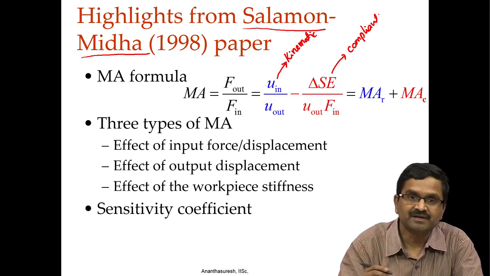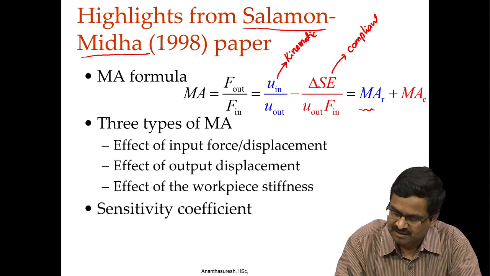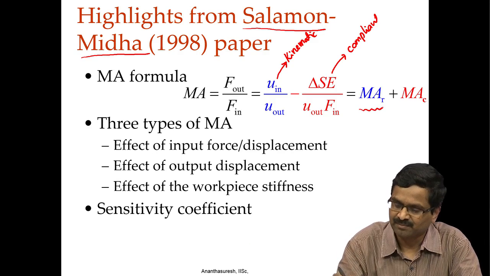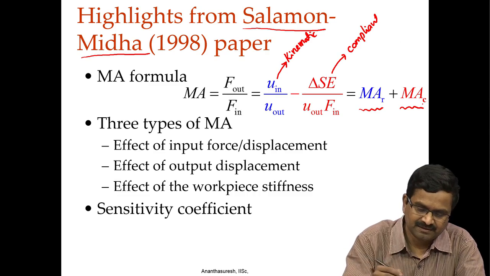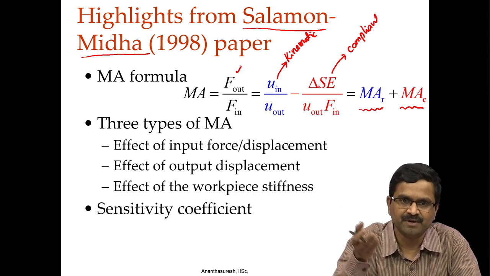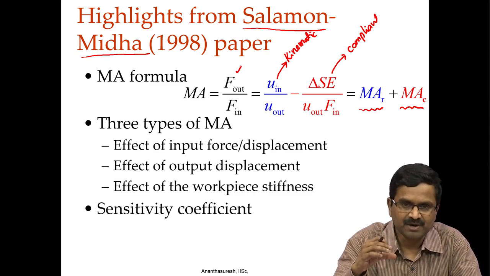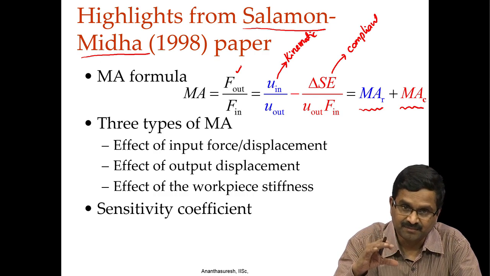So, the mechanical advantage of compliant mechanisms has two parts, a rigid or kinematic part and a compliant or elastic part, and the definition of course is output force divided by input force, because they have inherently some kinematics in them.